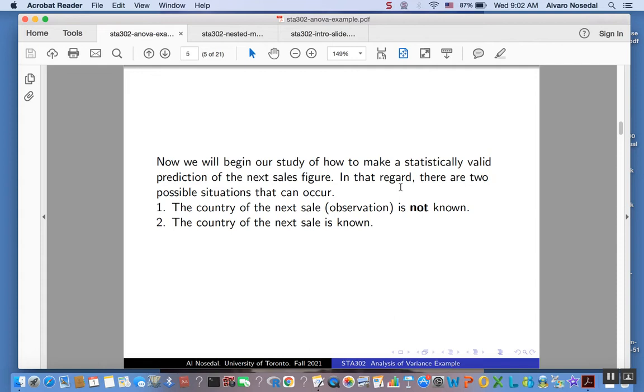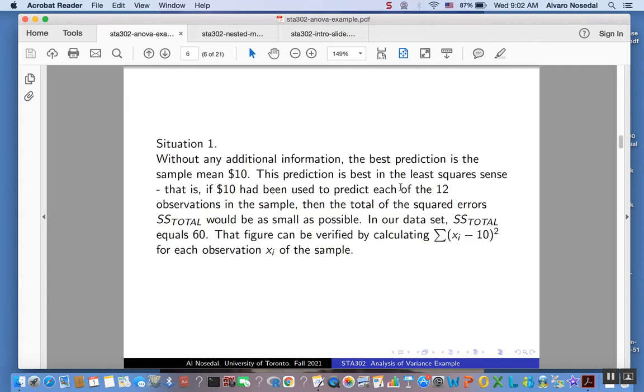And depending on that, we are going to have different choices for our prediction. So, if we don't have any additional information about the next sale, it's a reasonable idea to use the sample mean of those 12 observations, that is 10, as a prediction.